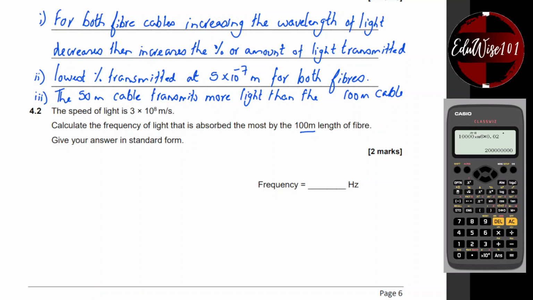Remember the equation, wave speed equals frequency multiplied by the wavelength. So they have given you the speed. So rearranging this equation, frequency equals the wave speed divided by the wavelength. Wave speed is 3 times 10 to the power 8.